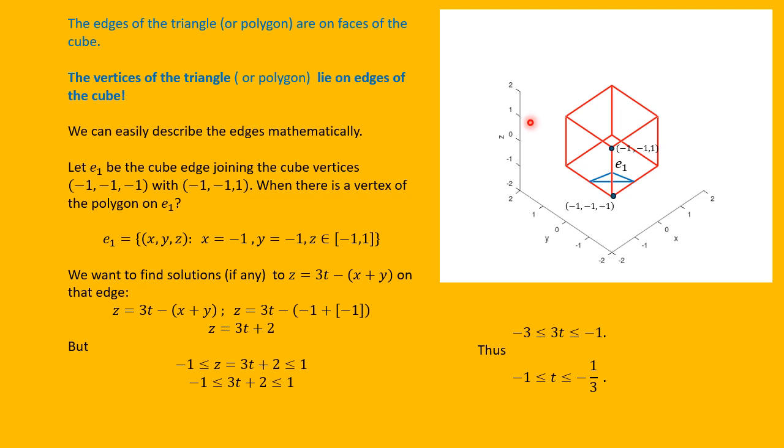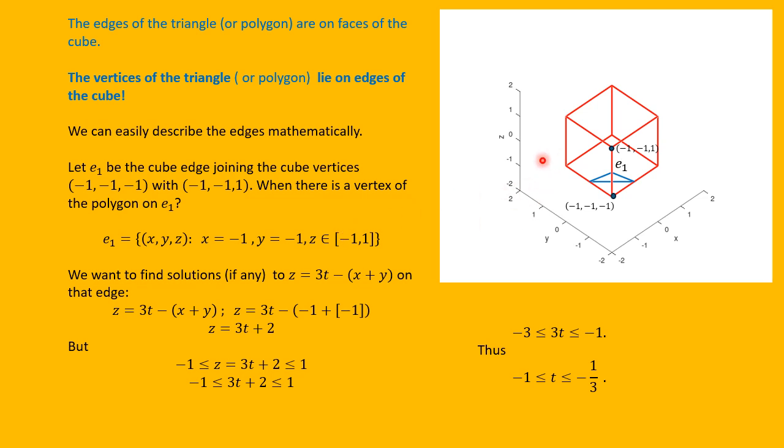So the only thing that changes is the z coordinate. Down here, z is minus 1. Up here, it is plus 1. The x and y coordinates don't change on this edge. So we can say that E sub 1 is a set of points (x, y, z) such that x and y are both minus 1 and z has to be between minus 1 and 1.